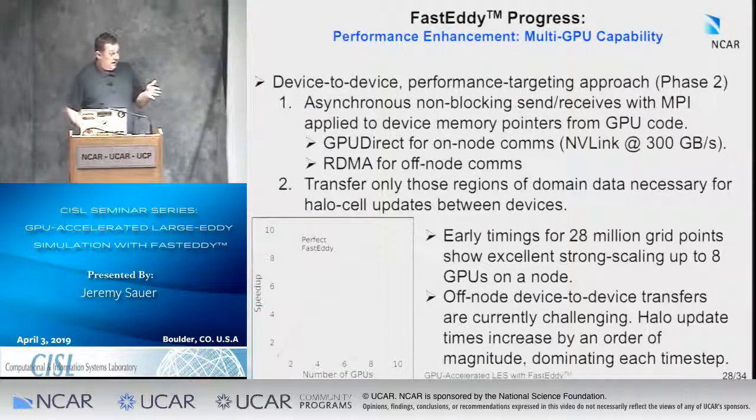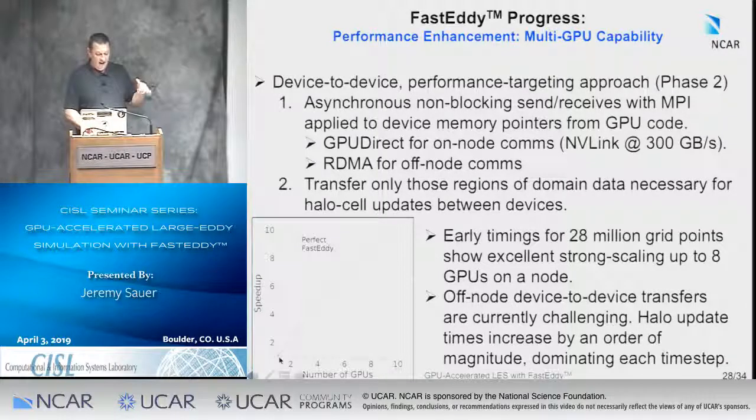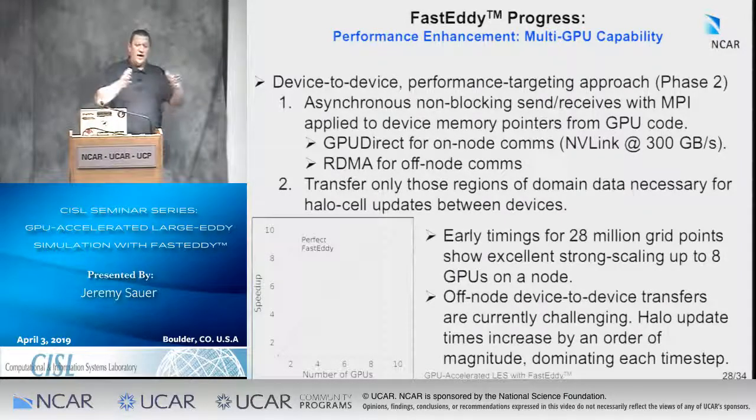So what we see, just very, very recently with this, is that we can now scale what looks like better than perfectly across the 8 GPUs of a single node. The reason it looks better than perfect is because the baseline, the single GPU case, we're putting as large a simulation as we possibly can on a single GPU, and we are somewhat limited by bandwidth when our domain size gets super big.